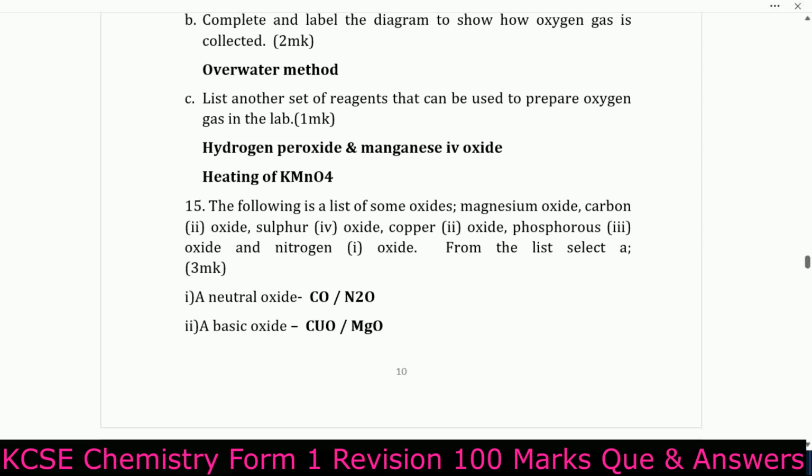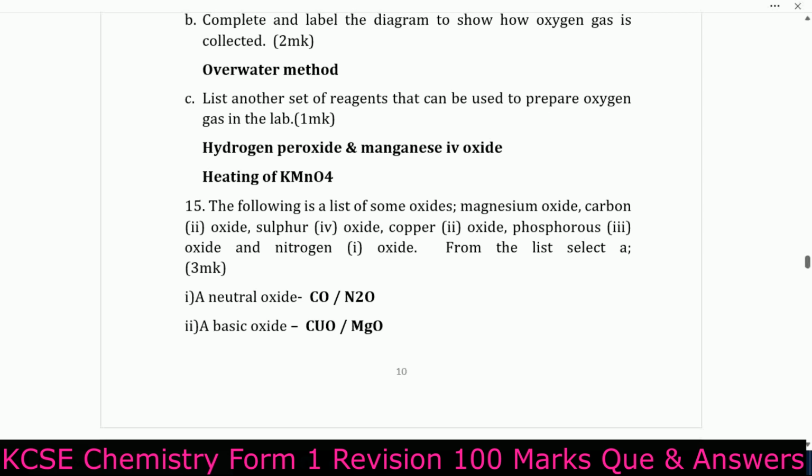We have hydrogen peroxide plus manganese 4 oxide, or heating that chemical. Number 15. The following is a list of some oxides: magnesium oxide, carbon 4 oxide, sulfur 4 oxide, copper 2 oxide, phosphorus 3 oxide, and nitrogen 1 oxide.